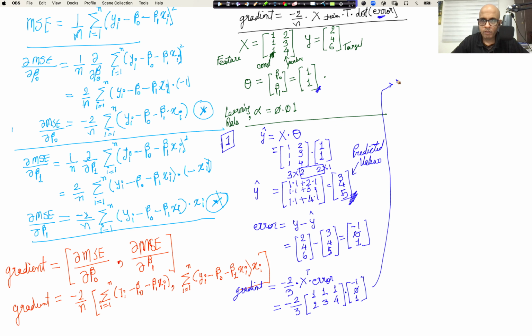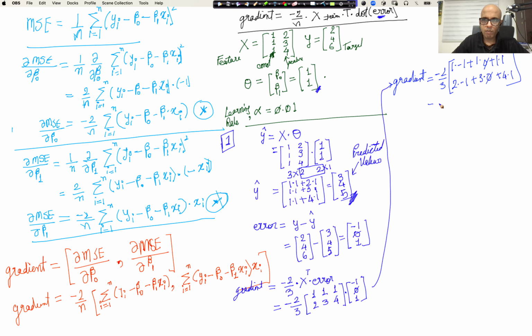The gradient is equal to minus 2 divided by 3 times, in the upper row, 1 into minus 1 plus 1 into 0 plus 1 into 1, and in the lower row 2 into minus 1 plus 3 into 0 plus 4 into 1.